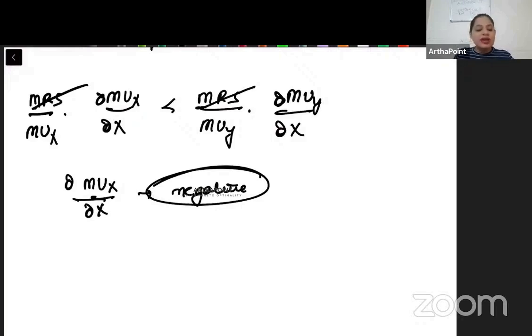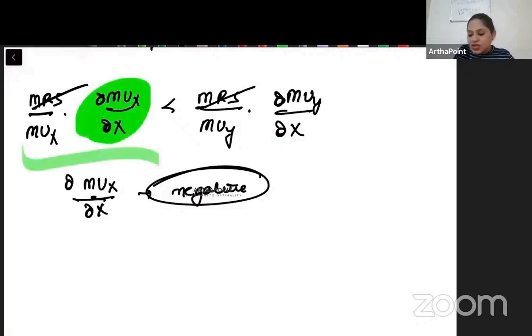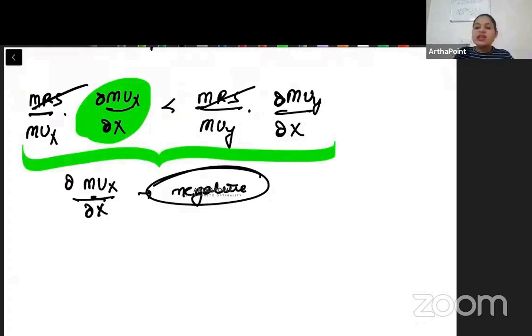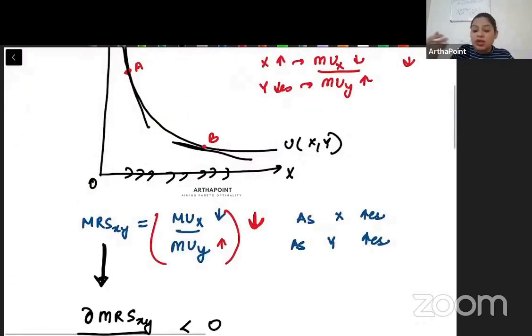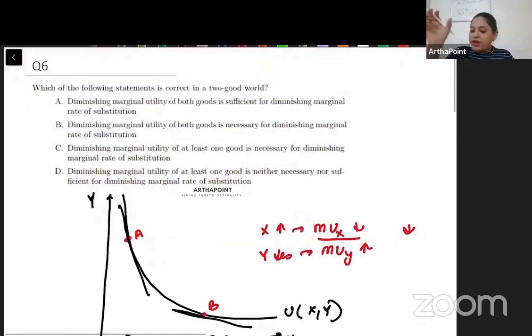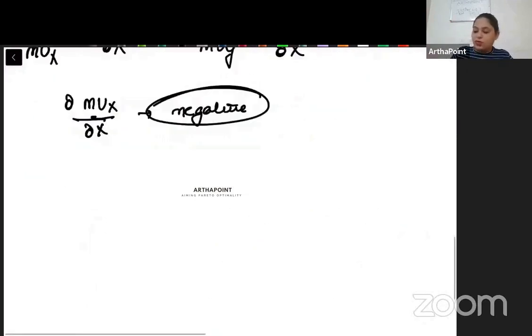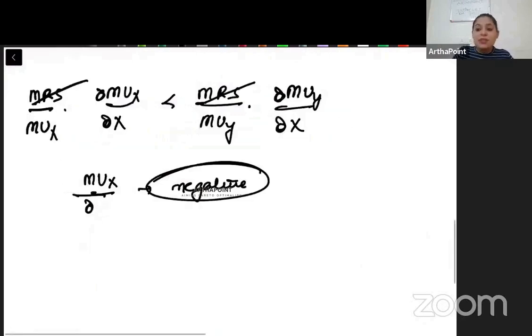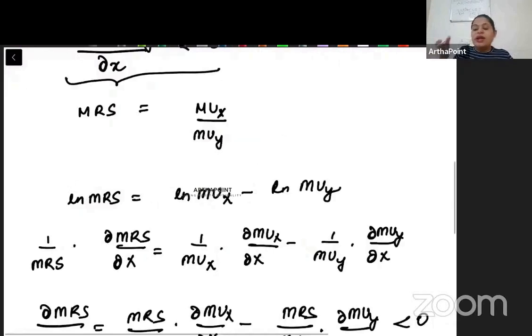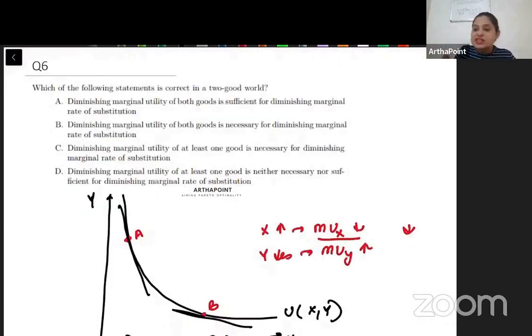It does not tell anything about this condition being satisfied. So we cannot say that just because my marginal utility of one good is diminishing, it is going to make sure MRS is diminishing. It is neither necessary nor sufficient for my MRS to be diminishing, right?